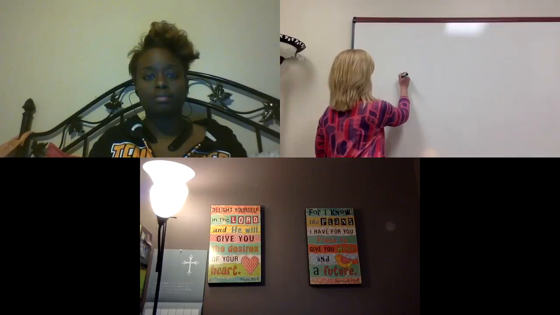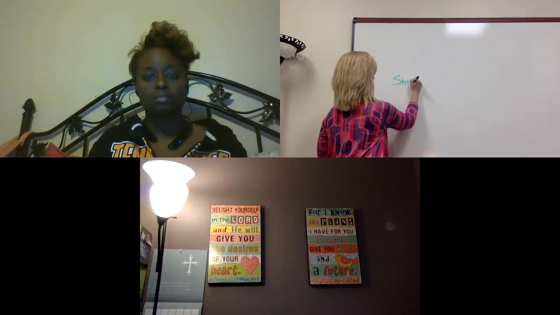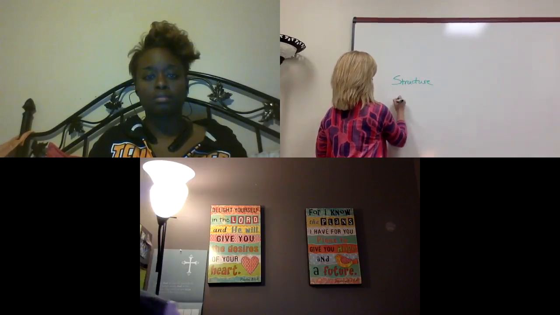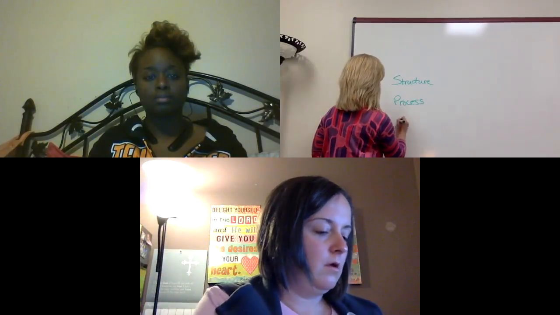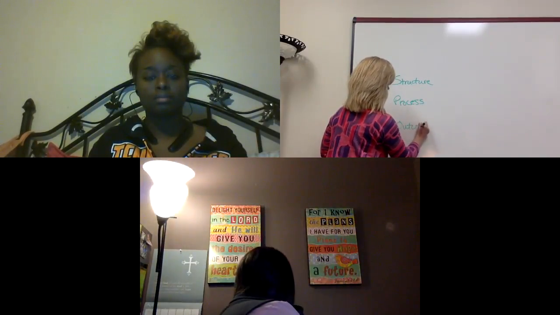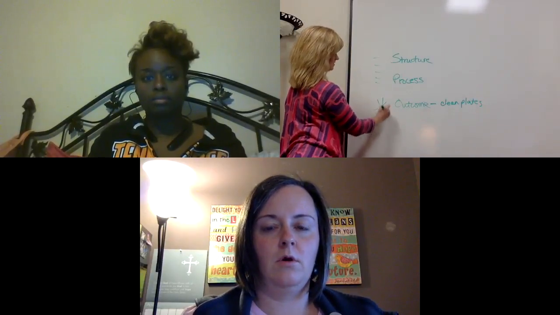So it all builds. You see that structure, process, and outcome. So outcome is clean plates, right? But we've got to have some other things in place to get here, right? So what's one thing you've got to have?